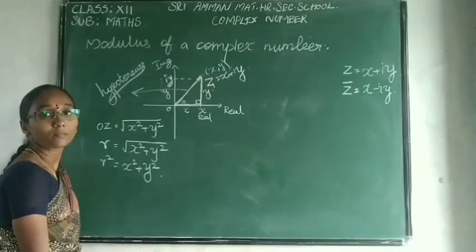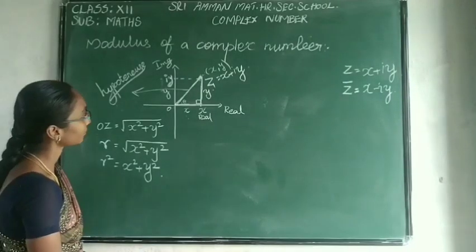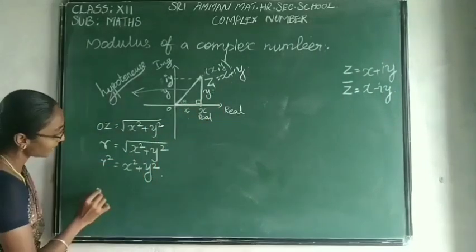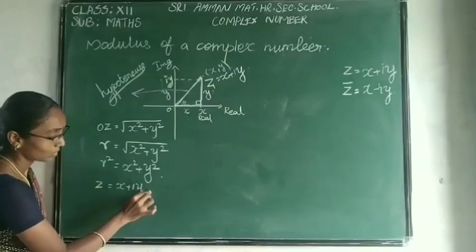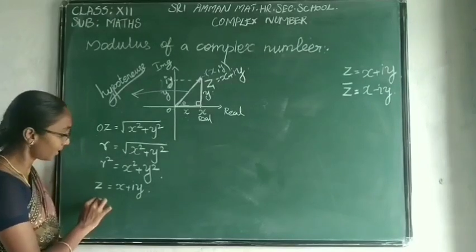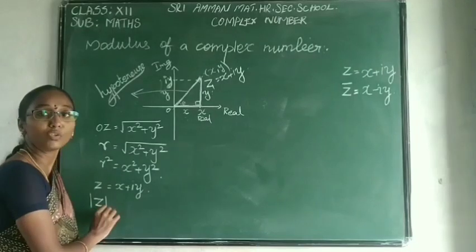Do you understand? Okay, next part. This complex number is Z equal to x plus iy. The modulus of Z is denoted by the symbol modulus Z, in the same way as the absolute value of a real number.